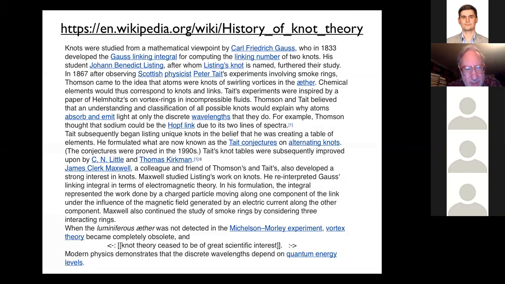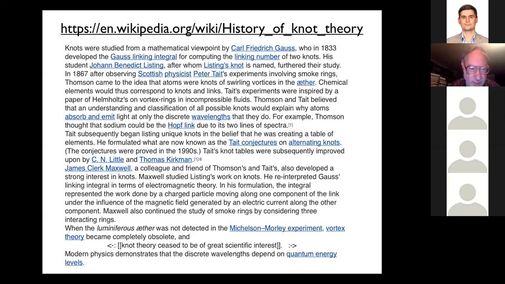You'll see here, the wiki says in 1867, after observing Peter Tait's experiments involving smoke rings, Thomson came to the idea that atoms were knots in the ether and chemical elements would correspond to links, and there would be vortex rings. And there was this rich idea that they started following.